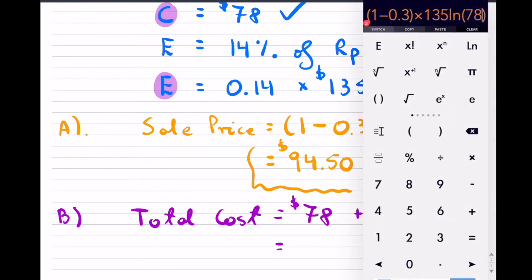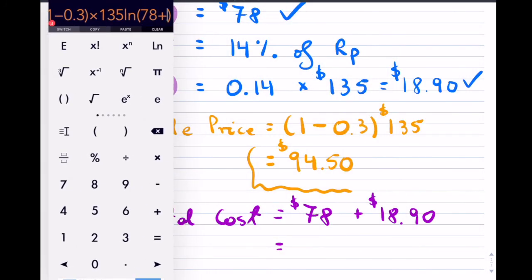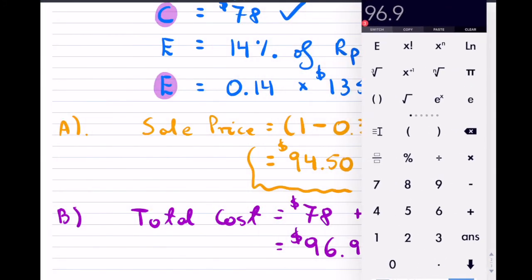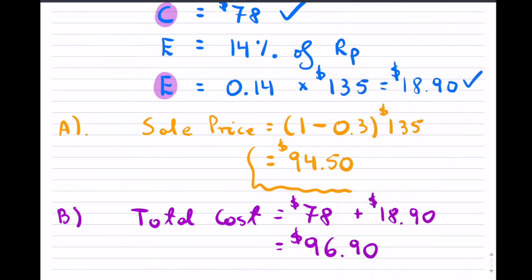So 78 plus 18.90 is $96.90. Okay, that's great. Now we know our total cost.